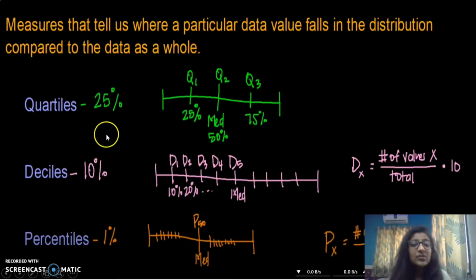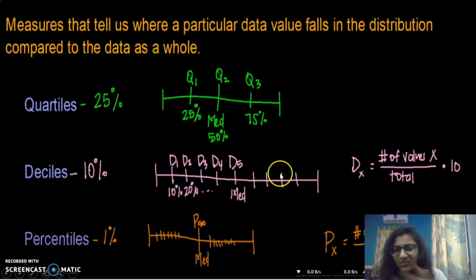Now in deciles, it considers 10%. Like if you have 100 as your number, then 10% of your data, then 20%, 30, 40, 50, and so on. D1, D2, D3, D4, D5, so it goes on in the numbers.